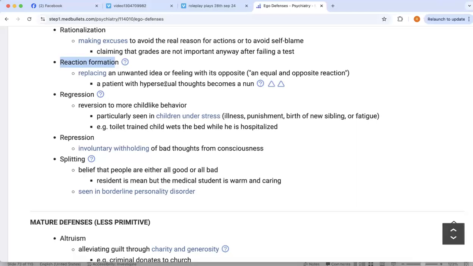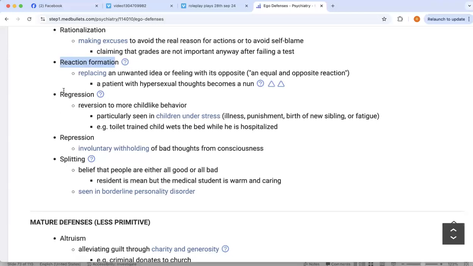Or a better example would be a thief who was stealing from everyone suddenly becoming a priest. Someone who was antisocial starts to help people in the street. So that's called reaction formation.